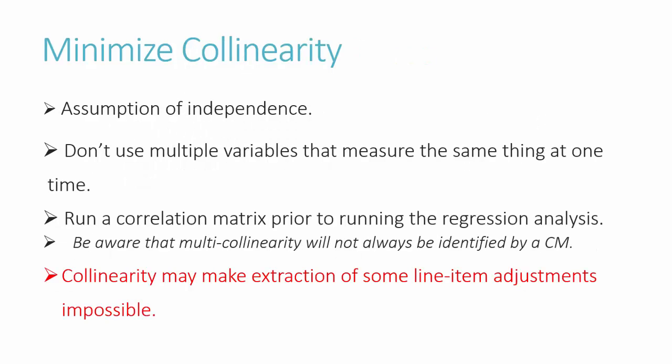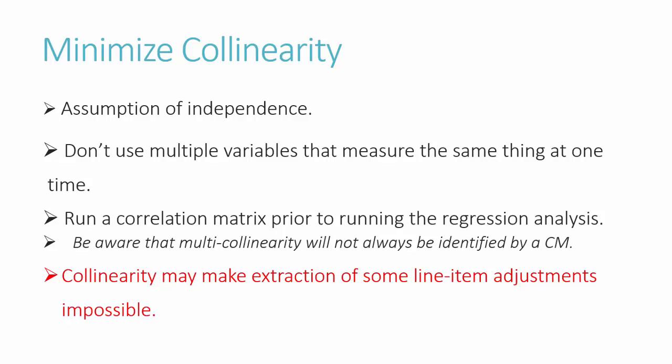All right, how do we minimize collinearity? Well, first of all, what are we talking about? First of all, that relates strongly to the assumption of independence. What we mean is each property characteristic being independent of all the other property characteristics.